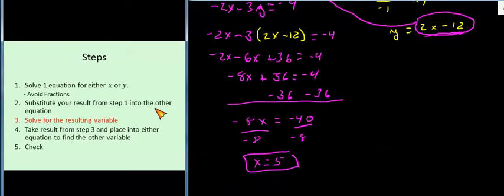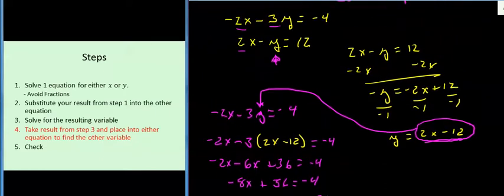Step 4, take the result from step 3, okay? This is the result right here, and place into either equation to find the other variable. I have lots of choices.